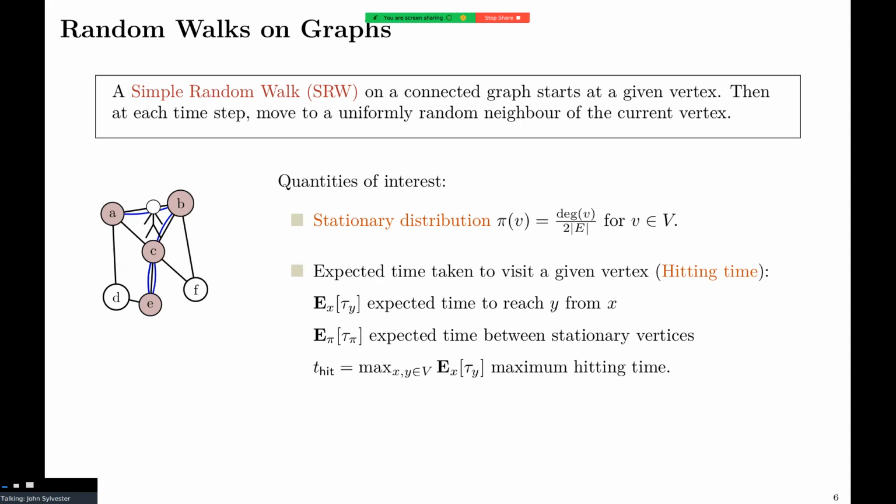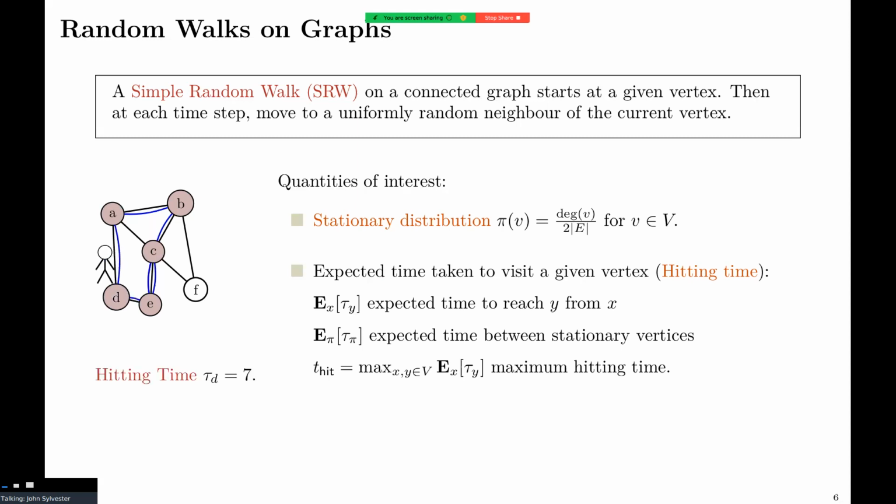So how long does it take, on average, over all walks starting from x, for you to visit y? Then you have E_pi tau_pi, which is the expected time to travel between two vertices which have been selected independently from the stationary distribution. So that's kind of an average hitting time. And finally, we have t_hit, which is the maximum hitting time. This is just the worst case over all start and end vertices of the expected time to get from one to the other.